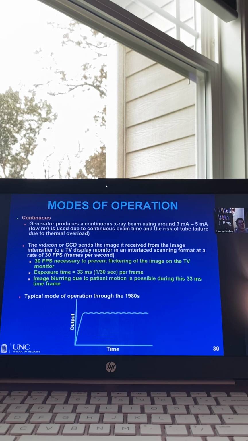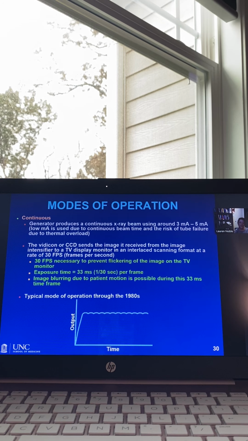And the reason our exposure time ends up being long is because it's tied to how that image displays. We have to have a long enough period of time for our image to display, or our image would flicker. So all of that is tied together. The units will use a very low MA and a long exposure time.